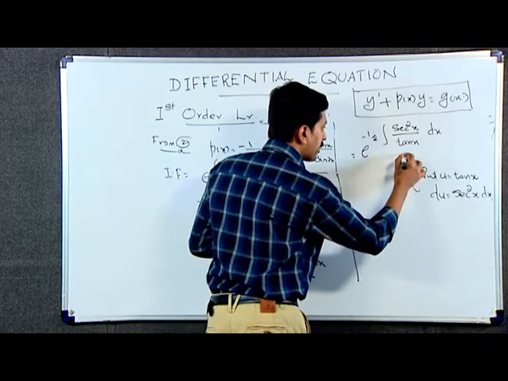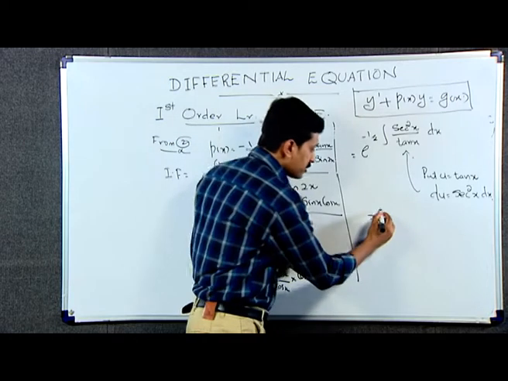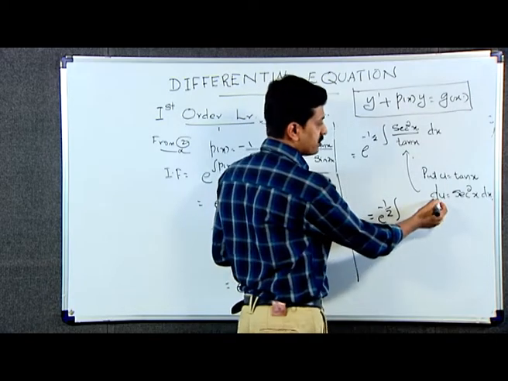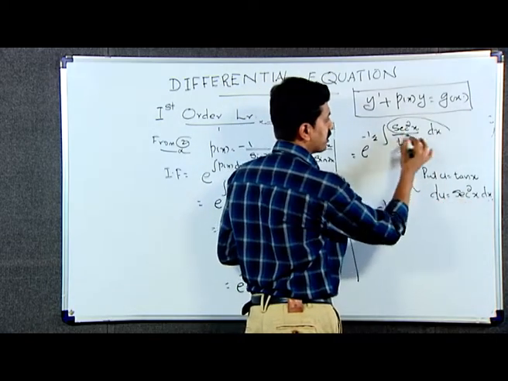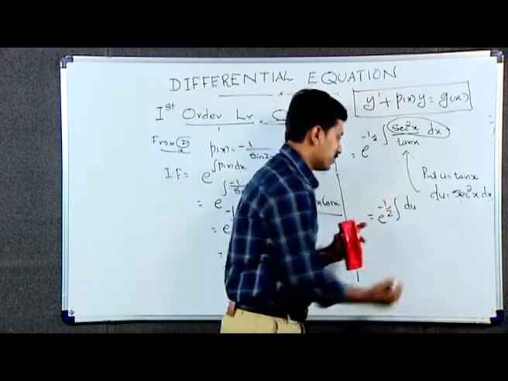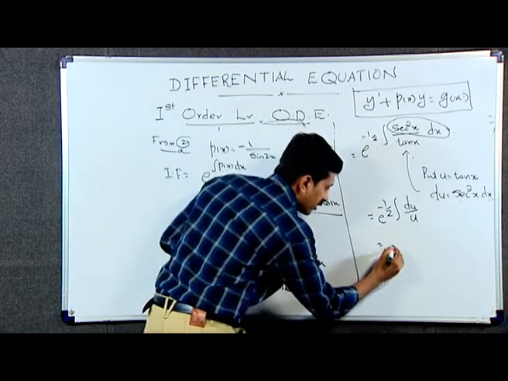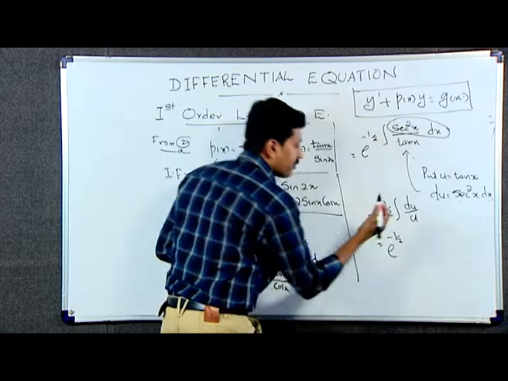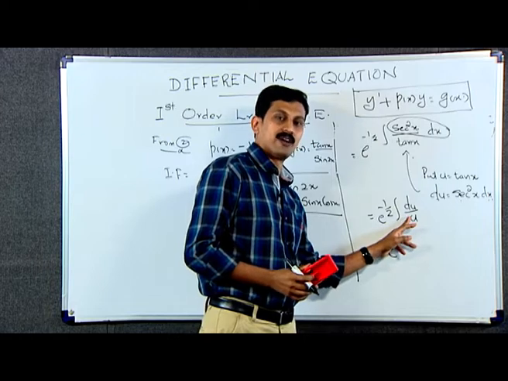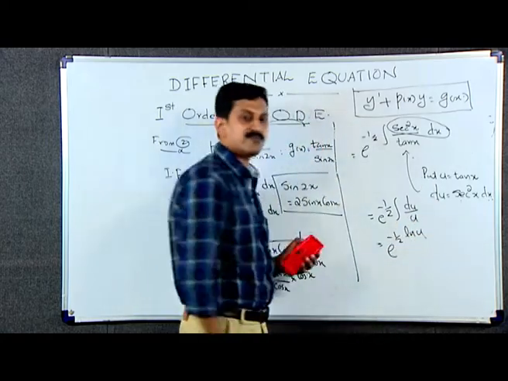So, by applying this, this is equal to e raised to minus 1 by 2 integral of, sec square x into dx is equal to du, and tan x is equal to u, so du divided by u. Now, e raised to minus 1 by 2 integral of du by u, and the integral of dx by x is log x, so the integral of du by u is log u.